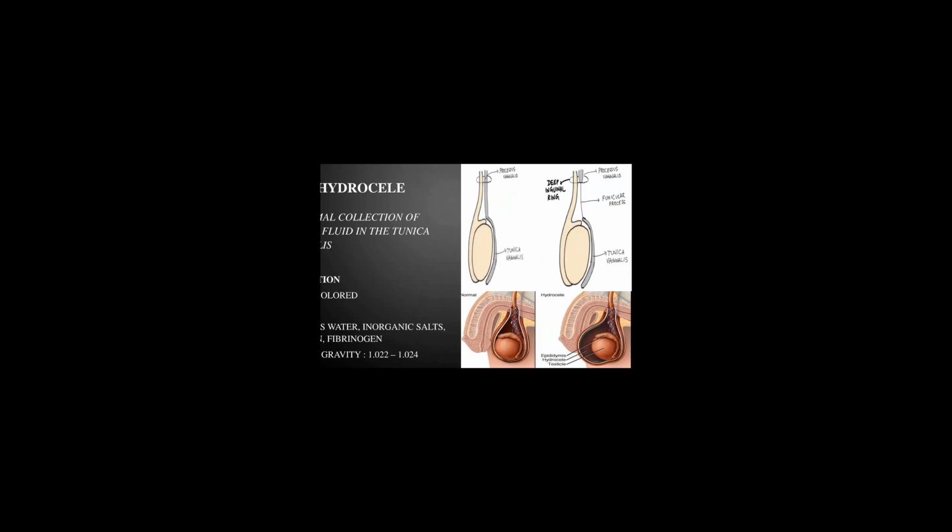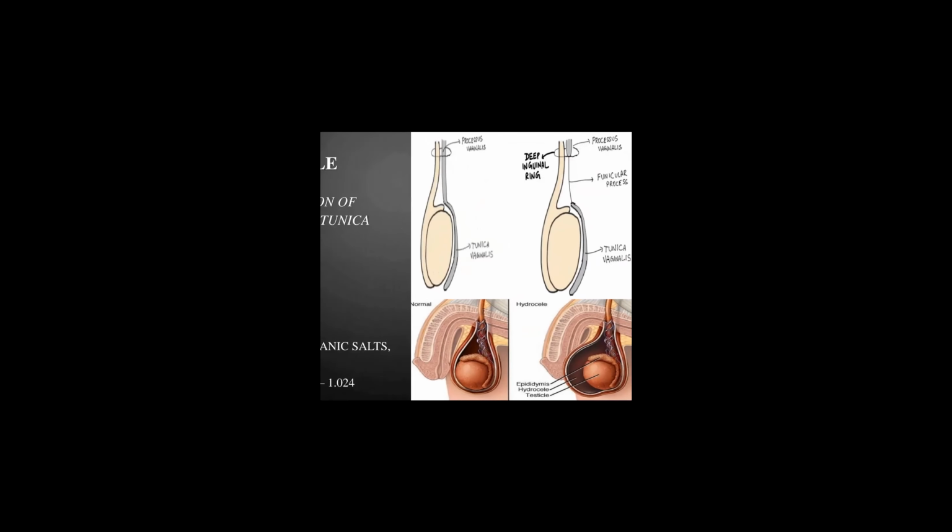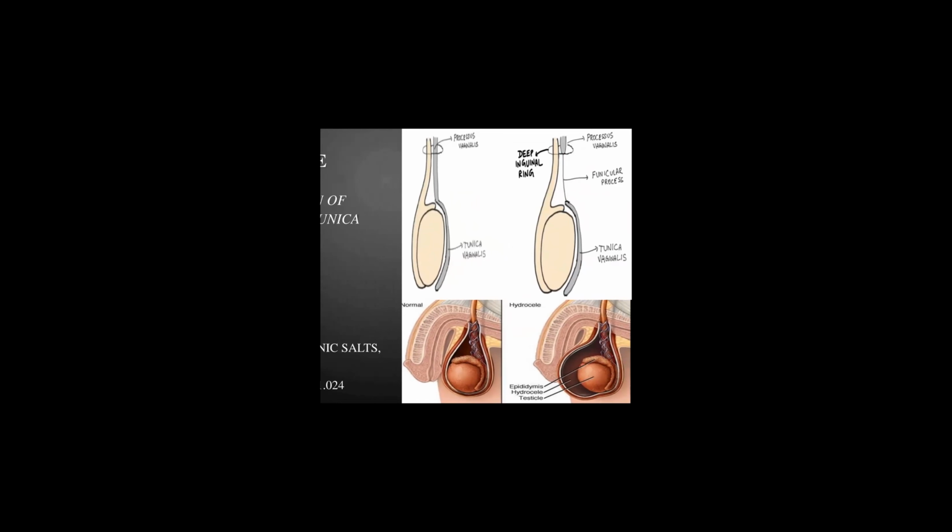First thing, during the intrauterine life, in the first phases, the testis is situated inside the abdomen. Further, during the developmental process, the testis will descend downwards and reach the scrotum by the 9th month. During the process of descent, along with the testis, first a portion of the peritoneum is moving down, that is the processus vaginalis.